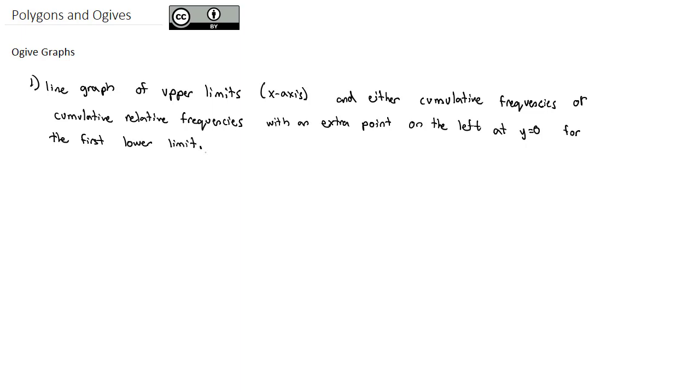So we always use the upper limits on the x-axis, except for the very first one on the left, which is going to have a height of 0, representing where the graph starts.